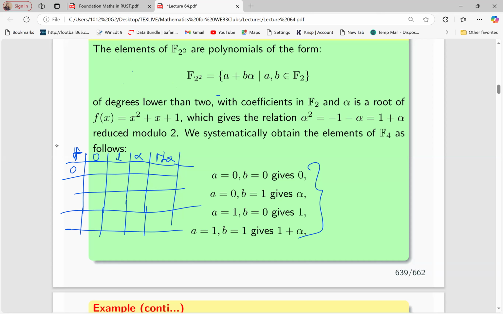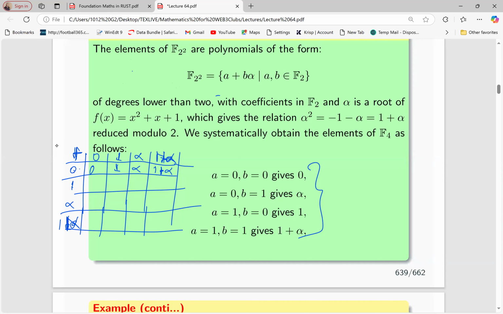Adding 0 and 0 is 0, 0 plus 1 is 1, 0 plus alpha is alpha, and 0 plus 1 plus alpha is just 1 plus alpha.